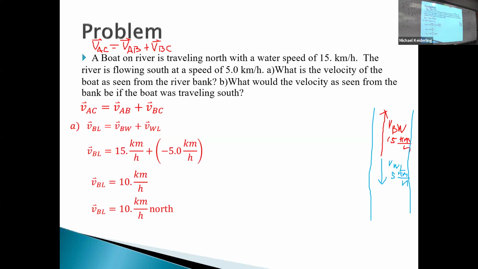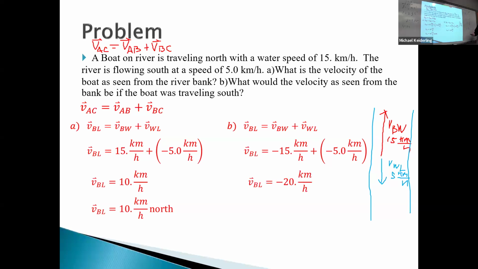However, if the boat was traveling south with the same water speed, then its water speed would be negative 15 kilometers per hour. The speed of the water is negative 5 kilometers per hour. The velocity of the boat with respect to the land would end up being negative 20 kilometers per hour, and the boat would be traveling 20 kilometers per hour south.